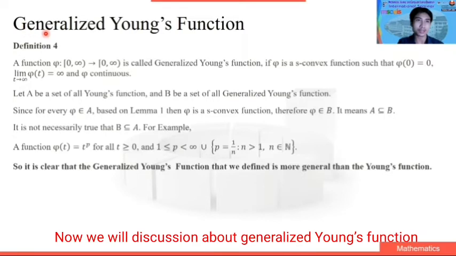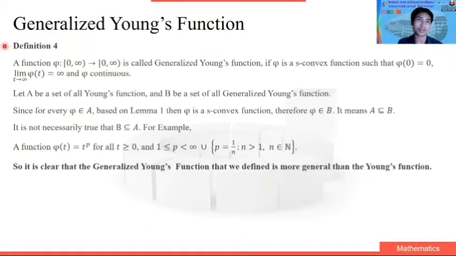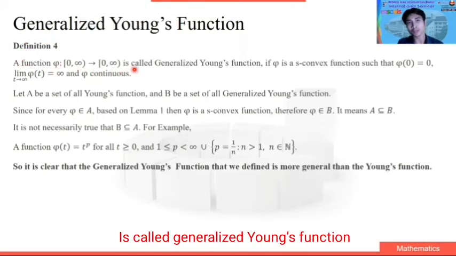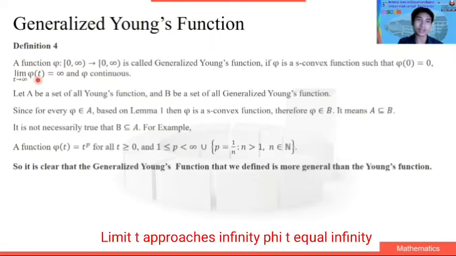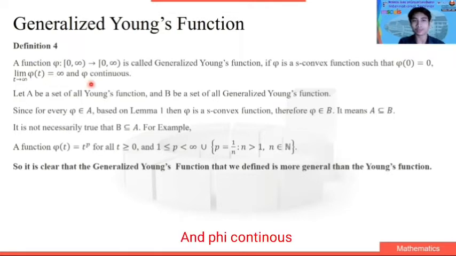Now we will discuss the generalized Young function. Definition: a function phi is called a generalized Young function if phi is an S-convex function such that phi(0) equals 0, the limit as t approaches infinity of phi(t) equal to infinity, and phi is continuous.